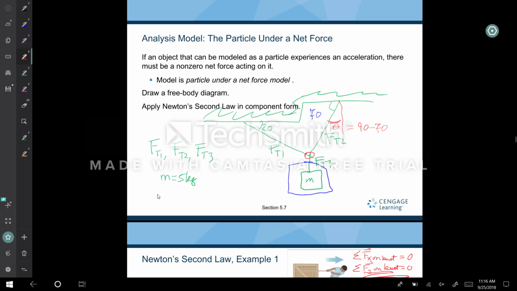It matters not that you use 70 or 20. Since they are complementary angles, they will have sines and cosines interchanged.